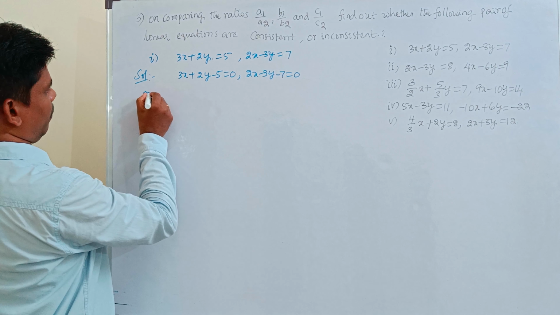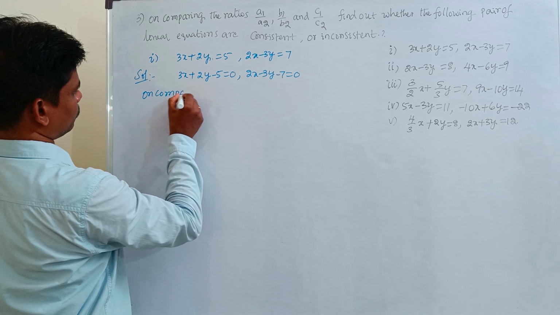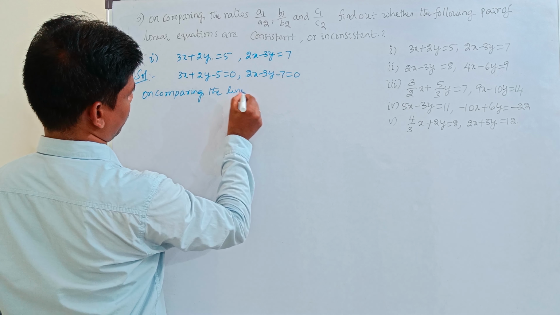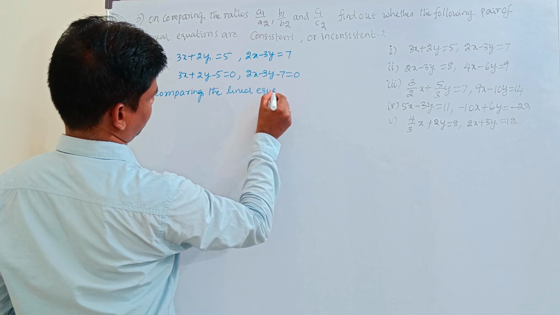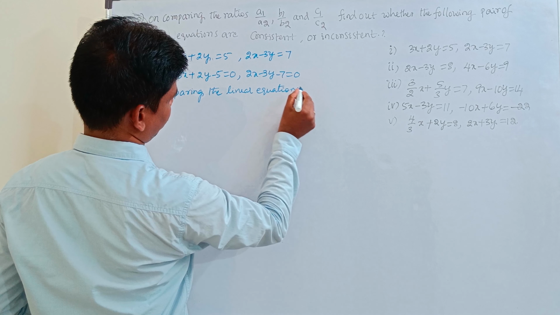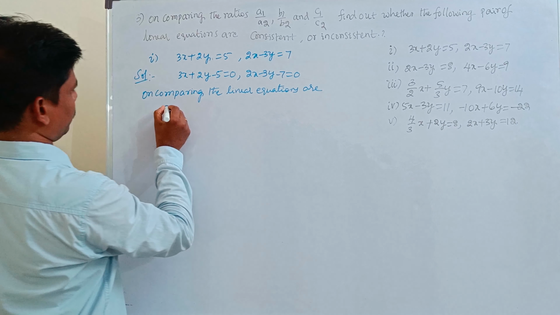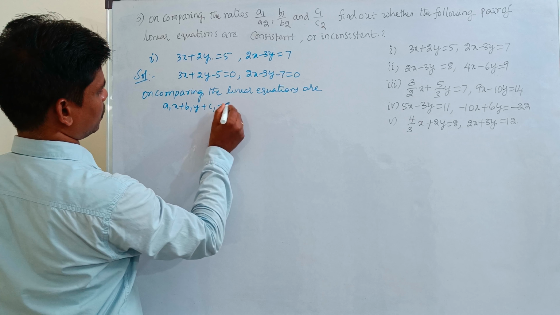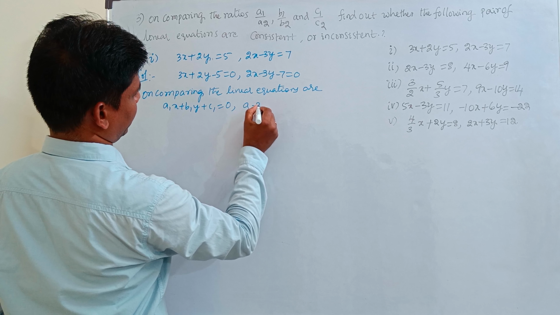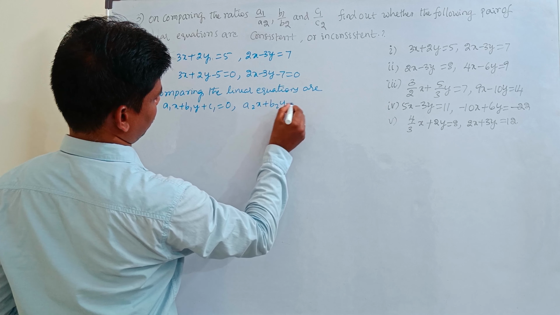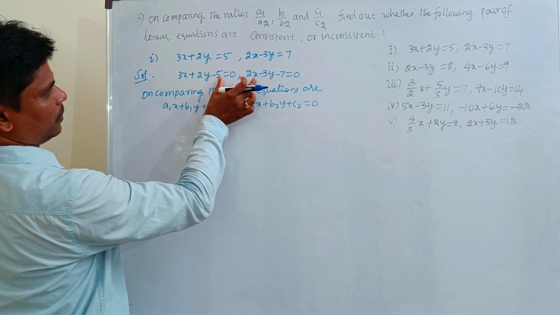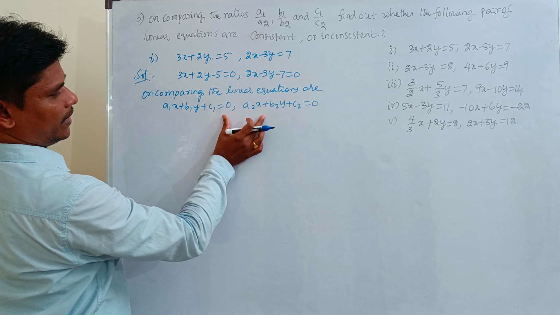So on comparing, the linear equations are a1x plus b1y plus c1 is equal to 0, a2x plus b2y plus c2 is equal to 0. So compare the given two linear equations with this general form.